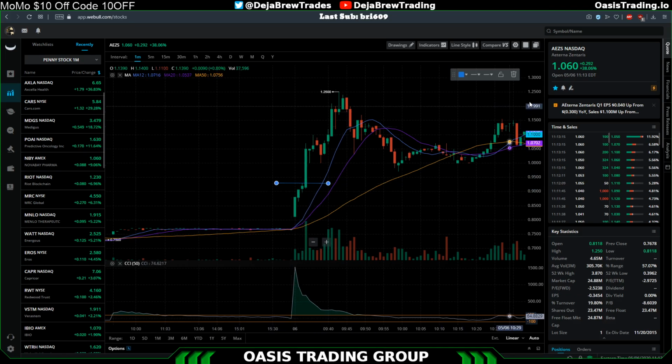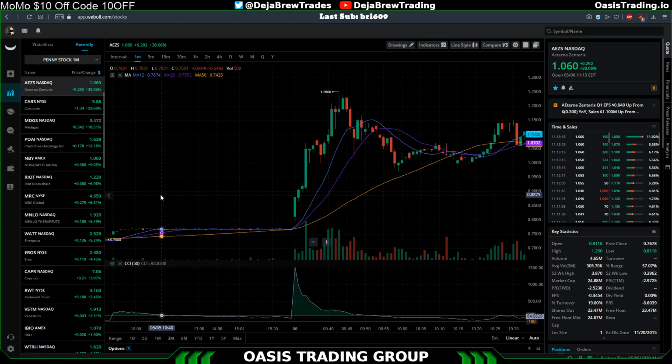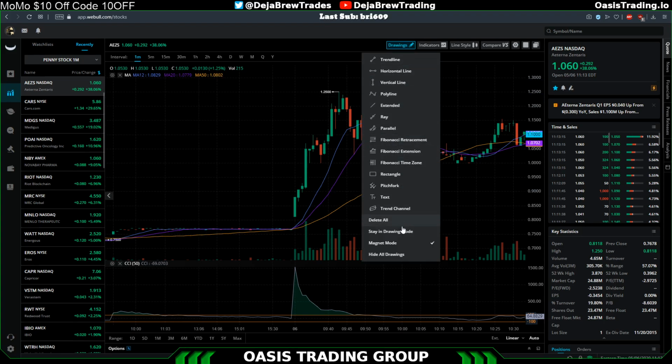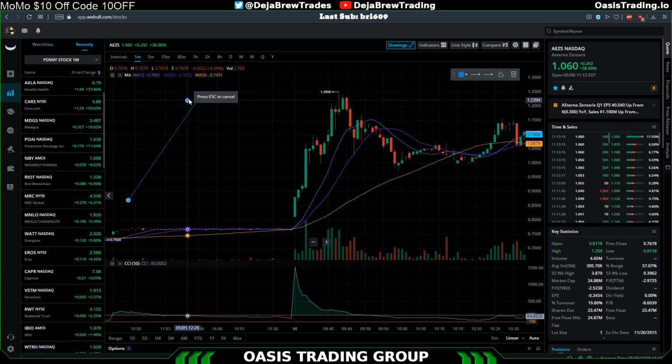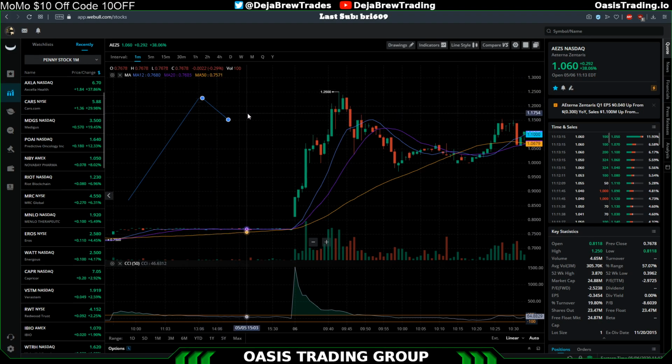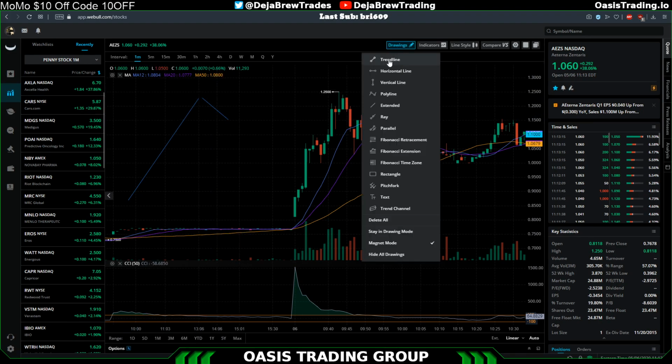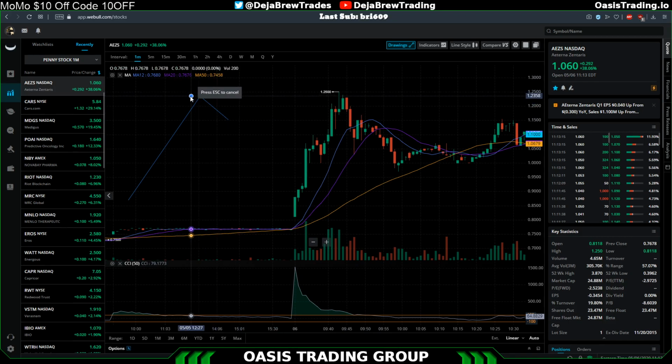Okay. So if you miss the micro pullback, there's another setup, the first pullback setup. If you have a major breakout, I don't think they have a pin tool. I'm going to mention that to them, see if they can get a pin tool here. But if we have a breakout and you see that first initial bull flag pullback, if that pullback has low volume, it's the same thing as a bull flag setup, just on a very low time frame.